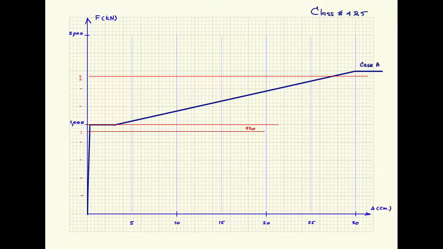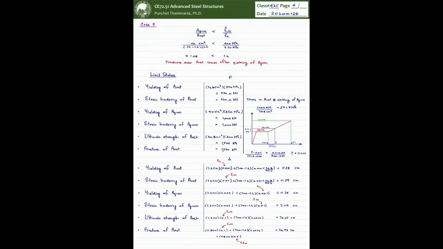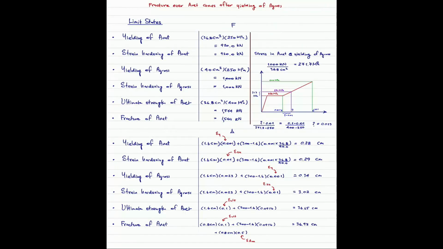Now let's mark down the deformation values. So start with 0.28, 0.29, 0.3. So let's say about 0.3. Okay, and then 3. And then 36.